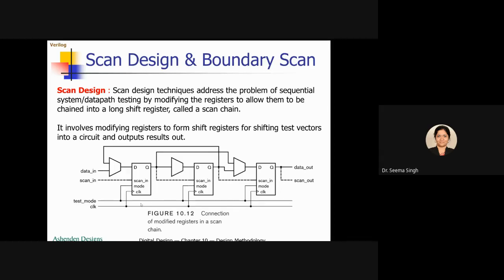This example is the connection of a modified register for a scan chain. Modified, why is it modified? Because the design is modified in such a way that it is testable.